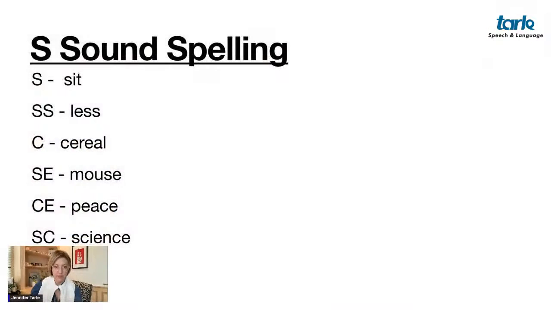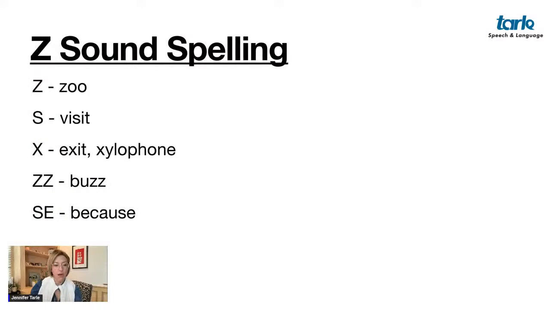Okay. So now let's talk about this Z spelling. Z spelling gets very confusing. And one of the reasons it's so confusing is because we often spell the Z sound with the letter S. So the letter Z, we can use that to write the Z sound that we're going to pronounce.